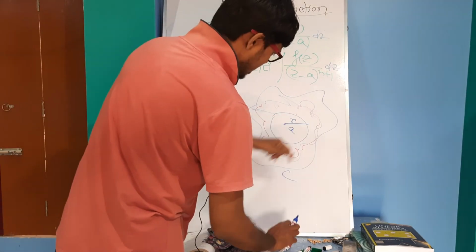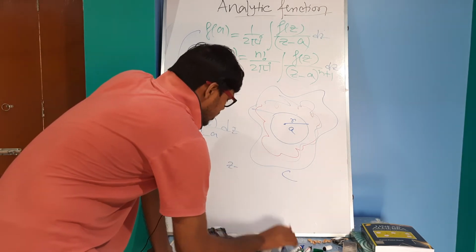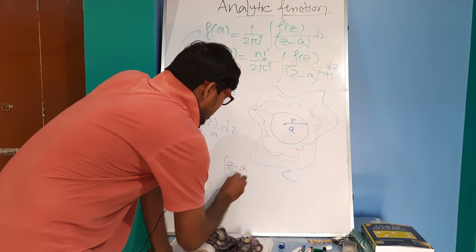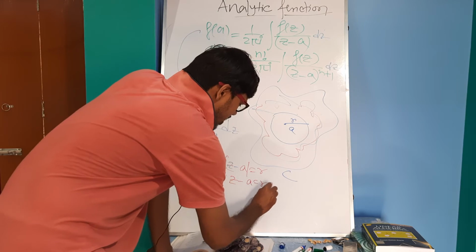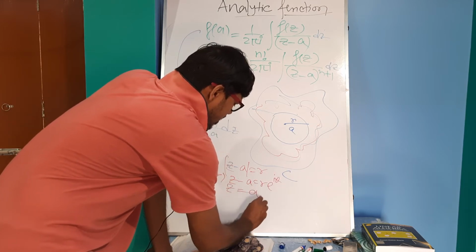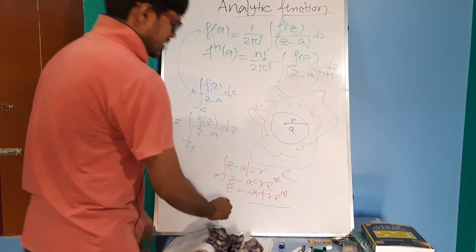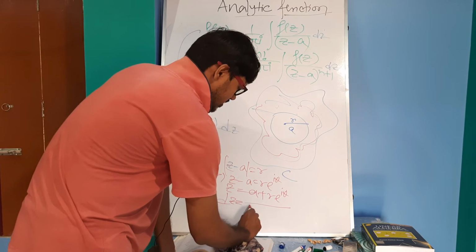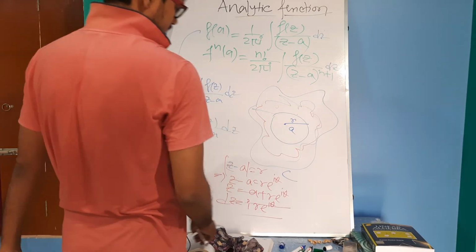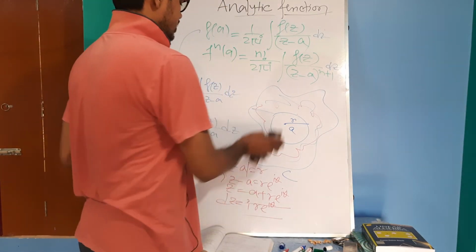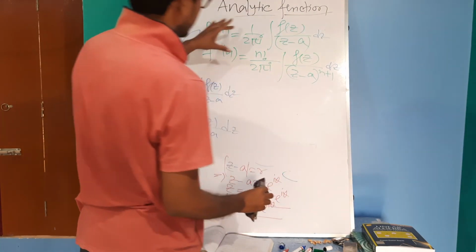Now if you take this as a circle, it is very important to write mod of z minus a equal to r. This is the equation of the circle. From there you can write z minus a equal to r e power i theta and z equal to a plus r e power i theta. So just put this z, and dz will be i r e power i theta d theta. If you put it here, you will find a result which will be equal to the result written in this green line.